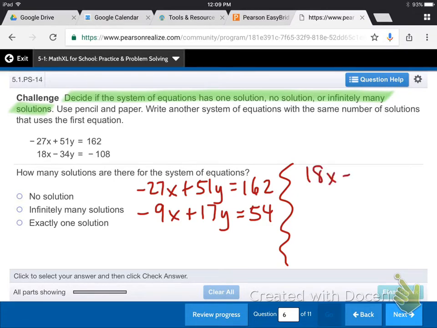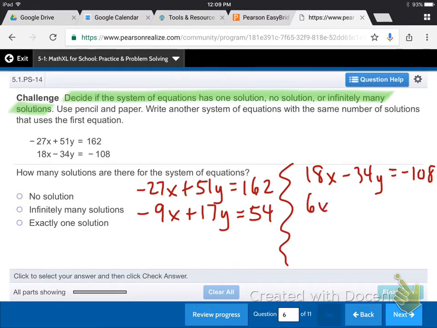Let's try the other equation. 18x minus 34y equals -108. Okay, let's see what the greatest common factor would be if we think about it. Can we go 9 into all of those? No. Can we go 3? Yeah, I think we can, so let's divide every number by 3.